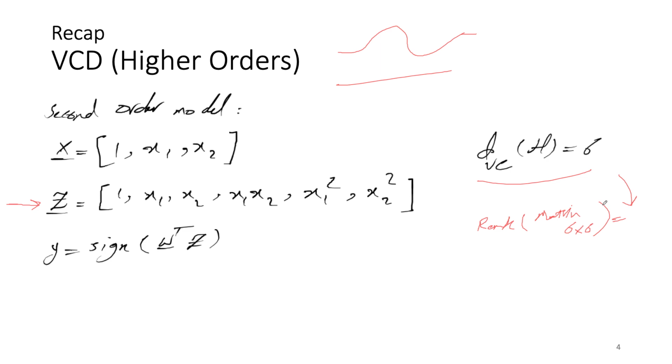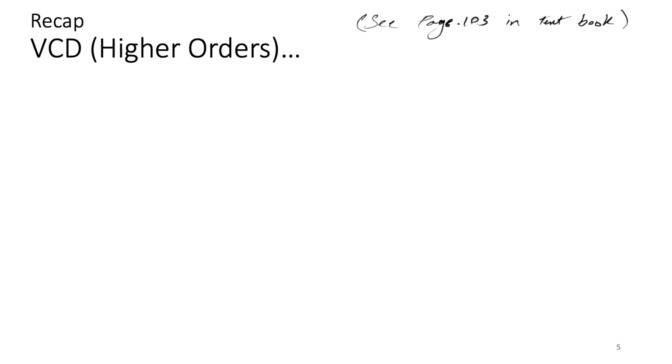There are also proofs out there that are outside the scope of the course, but you should know that when the orders go higher, the VC dimension also increases in a polynomial way. I just put the reference page here if you wanted to have a look, page 103 in the textbook.